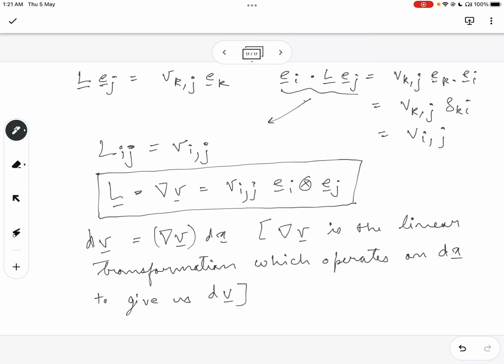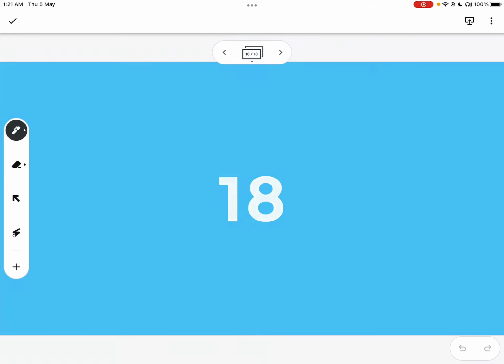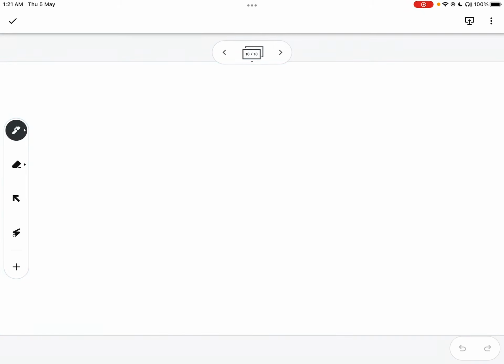So let's obtain the components, or the form of the gradient, using this definition as well.